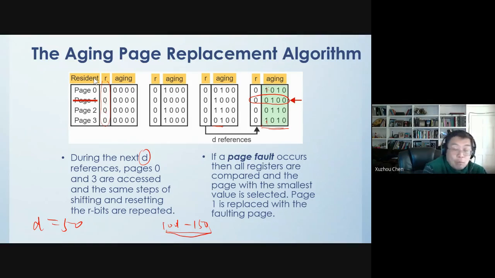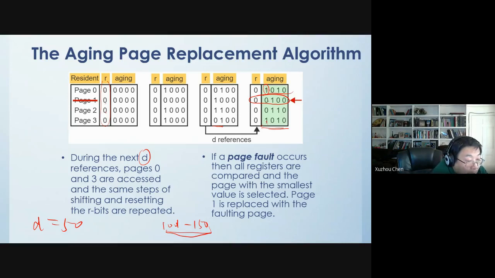If the page is most recently referenced or recently accessed, then the value at the most significant bit is 1. So that means the value for the aging register is bigger, right?